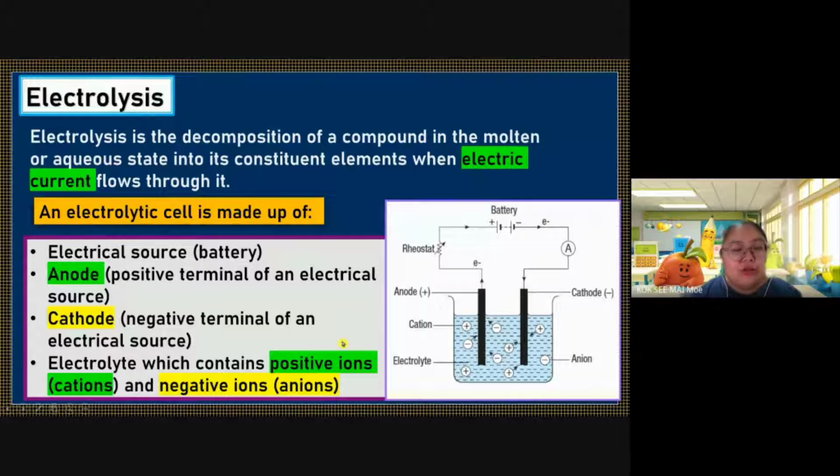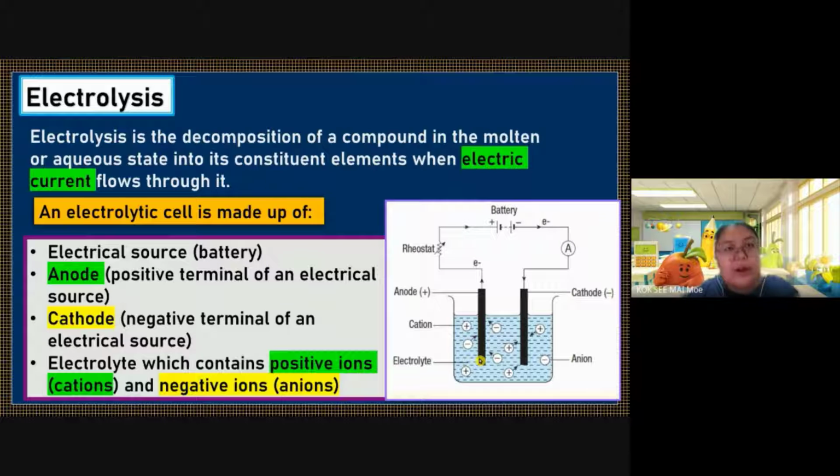Now, what is the electrolyte? Electrolyte is this liquid, in molten form. It contains positive ions, and a positive ion is a cation. And also negative ions. What is a negative ion called? Anion. So this is the structure of the electrolytic cell.